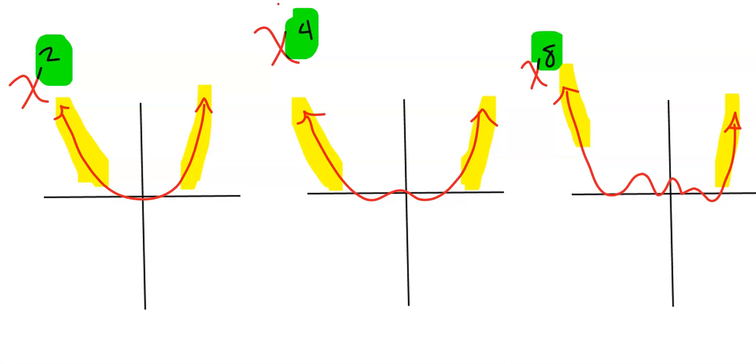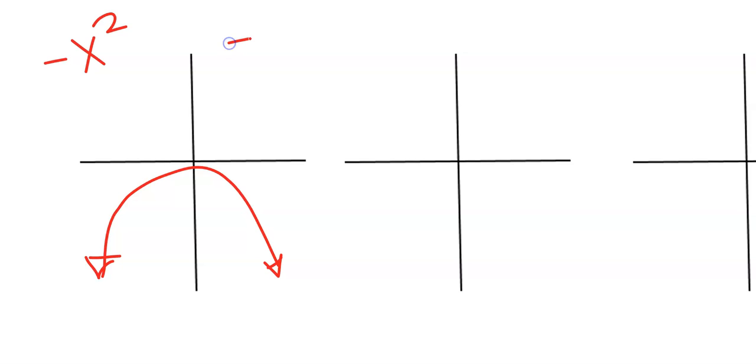It's either going to go up like this, or what if I had a negative exponent? Like let's say I had negative x squared. It's going to make the same shape. The only difference is when they're negative, they flip. So negative x squared is going to flip down, and the way I used to remember this is, if it's negative, negative numbers go down like a frown.